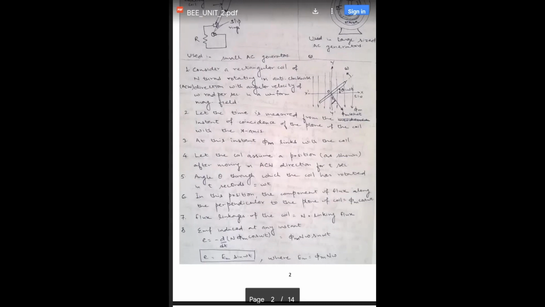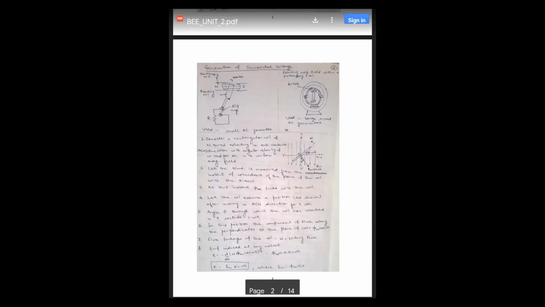What do we mean by a uniform magnetic field? Let us suppose this is our uniform magnetic field, here it is our north pole, here it is south pole. The magnetic lines of force or the magnetic flux moves from north pole to south pole uniformly.